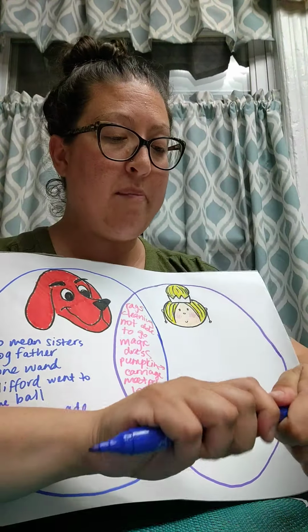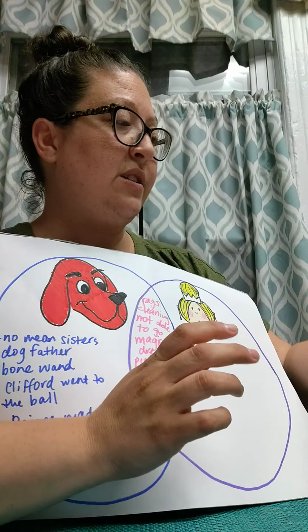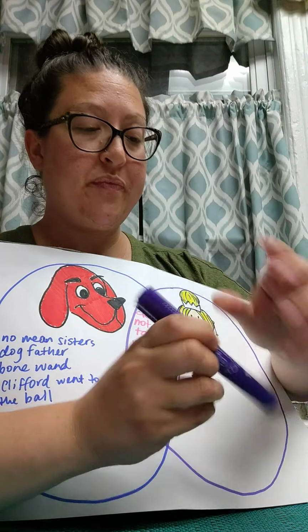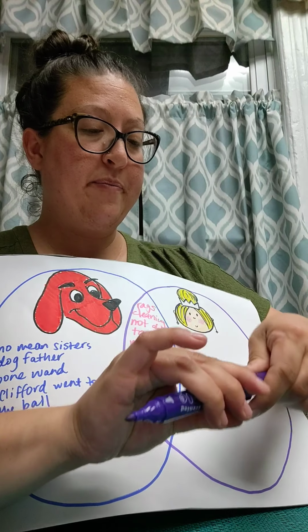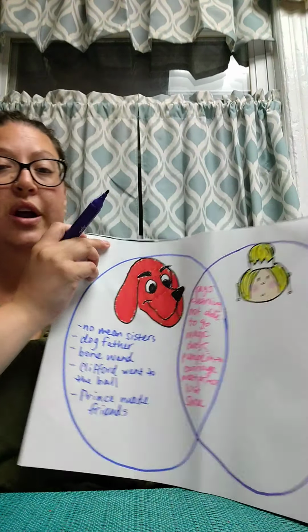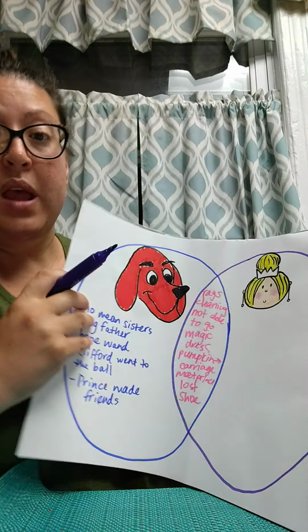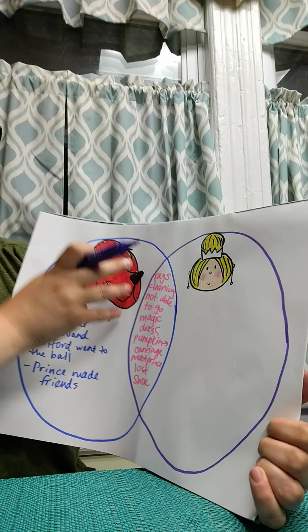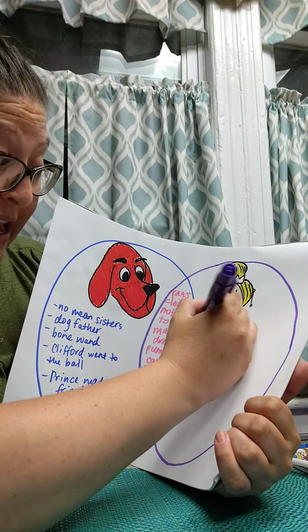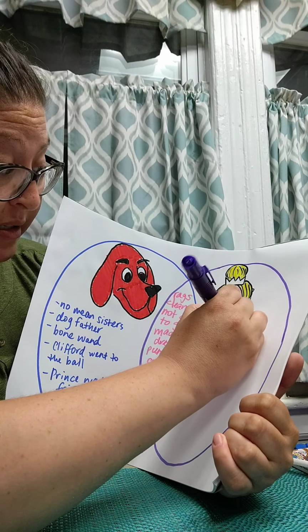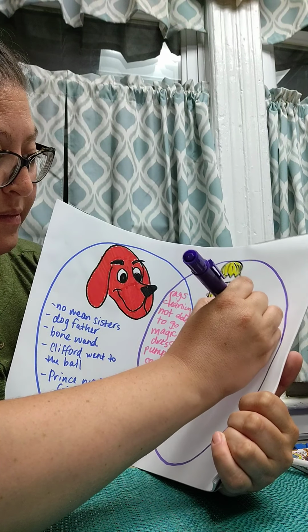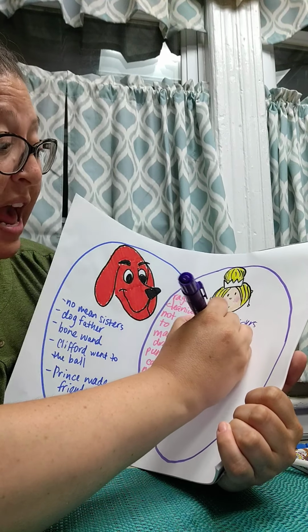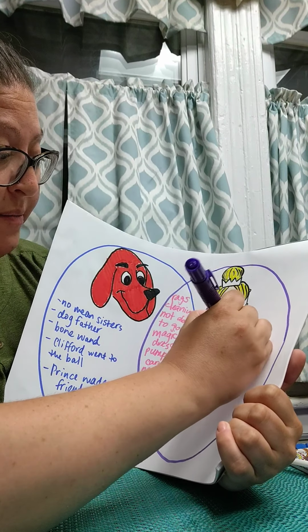Now let's talk about the other Cinderella story. Okay. Now that Cinderella story was different. It was more traditional than the Clifford story. So the Cinderella story had the mean sisters, right? It had the fairy godmother.